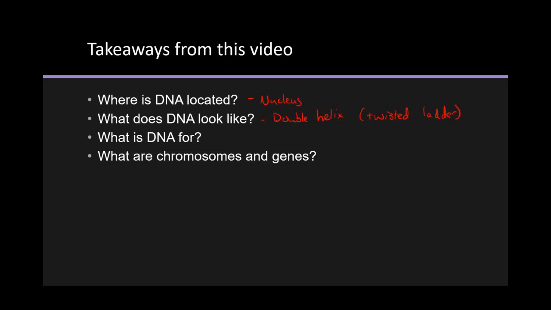What is DNA for? Well, DNA is for storing information, which we call our genes. So essentially DNA is for storing information, storing our genes. Chromosomes are long DNA molecules, and genes are the bits of information.